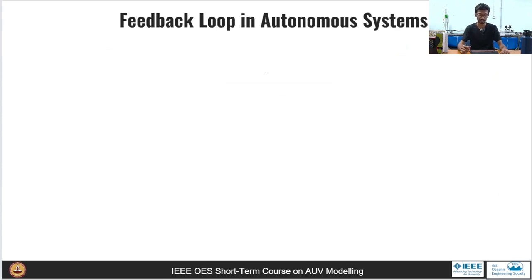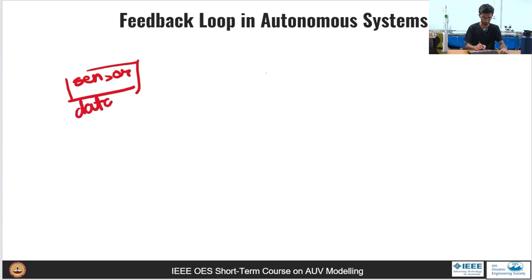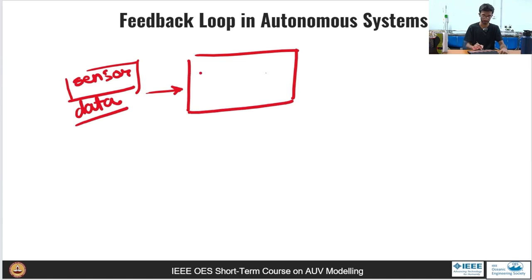Now let's understand the feedback loop in autonomous systems. For any autonomous system, the most important aspect is the sensor data. This sensor data is sent to the decision-making module of the autonomous system, which will do something called the motion planning.